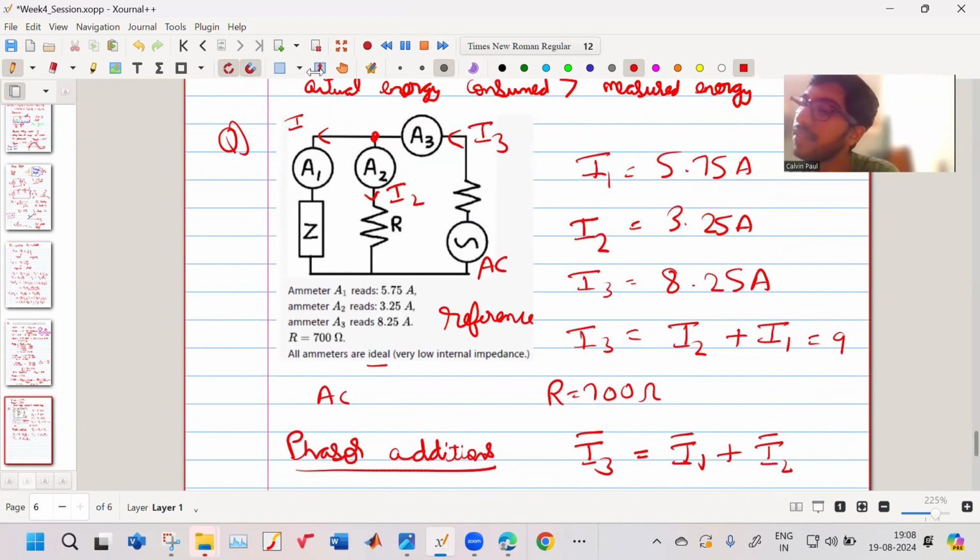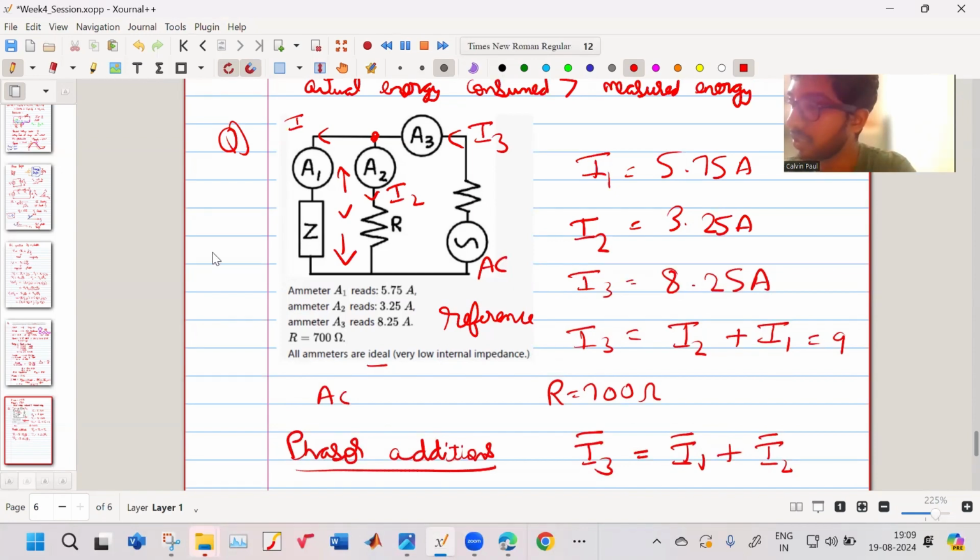When current flows through the resistor, there will be some voltage drop, and the voltage and the current will be in phase.